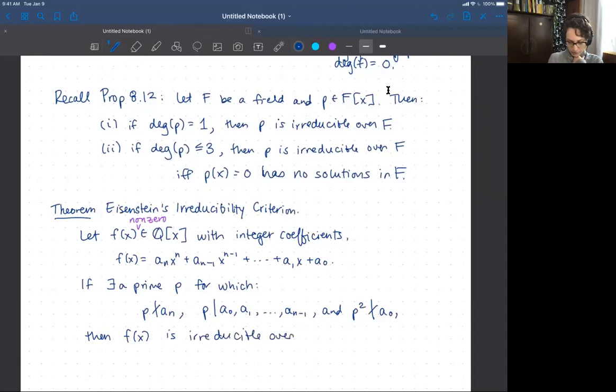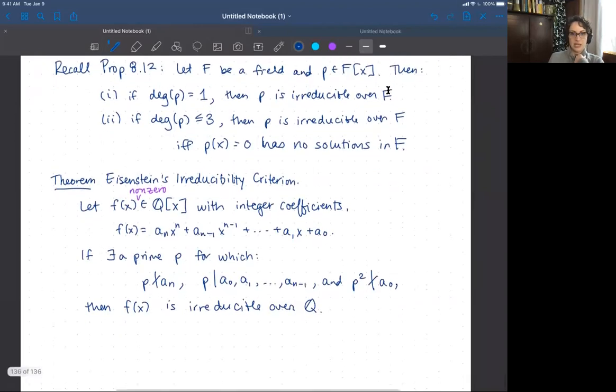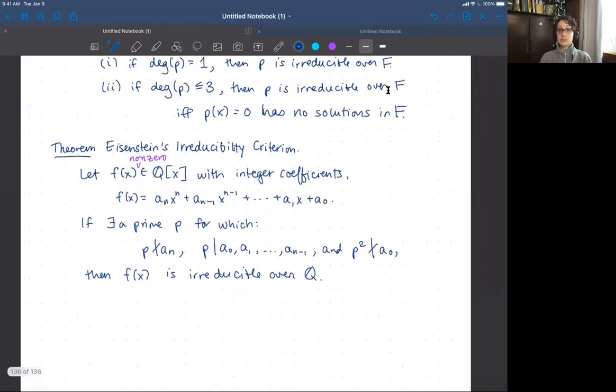over Q. And we're not going to cover the proof of this, but the proof is actually really lovely. I'll say a couple words about the proof, not the actual proof. The proof uses something called Gauss's lemma.